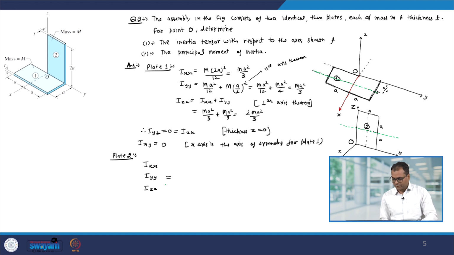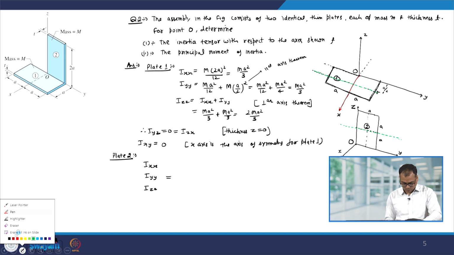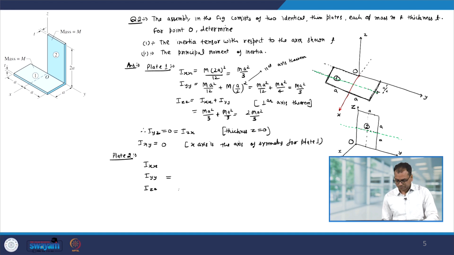The moment of inertia of this plate about this green axis passing through the center will be m into L² divided by 12, L is here 2a, so this divided by 12 plus, from the parallel axis theorem, it will be ma².